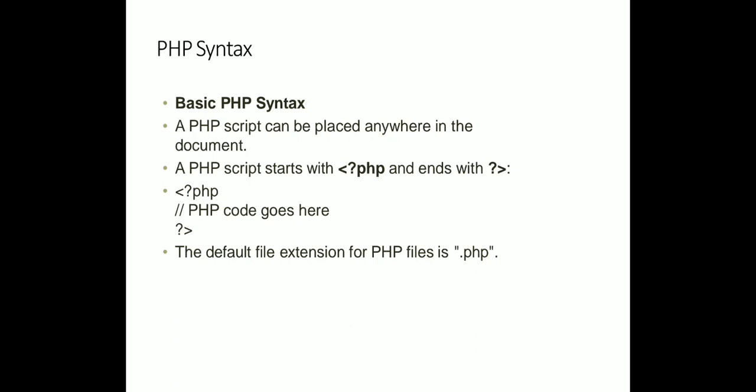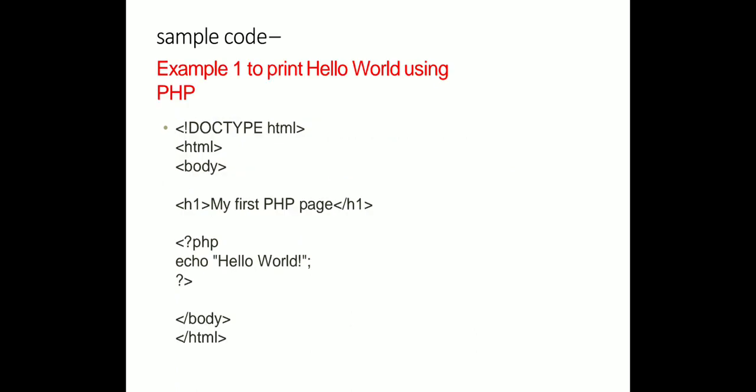So the code is written within the tags as shown in the slide. The default file extension is .php. Now we will see a sample code to print hello world using PHP.